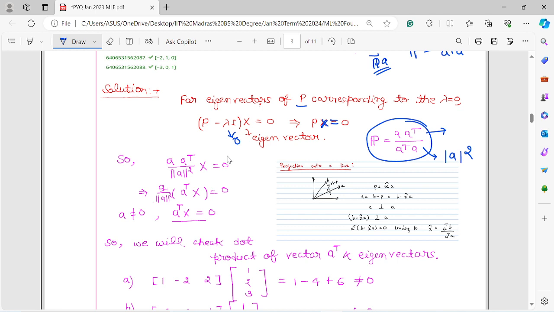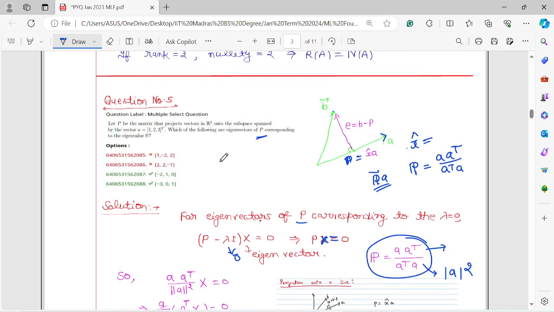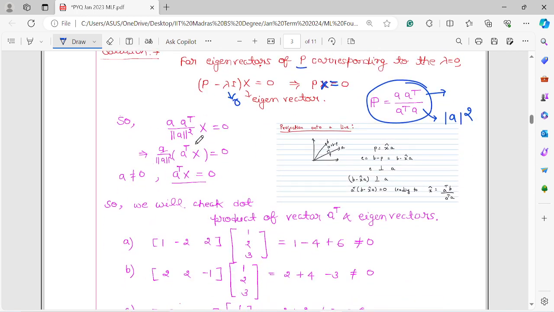So we will check the dot product of vector A transpose and the eigenvectors. The eigenvectors are given. Which are the following eigenvectors? These four options are eigenvectors. We will check if an eigenvector satisfies this property, then those options are correct.